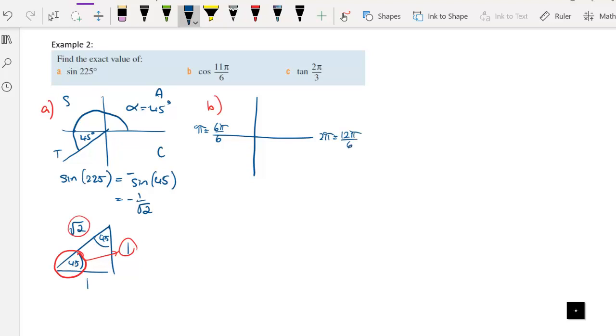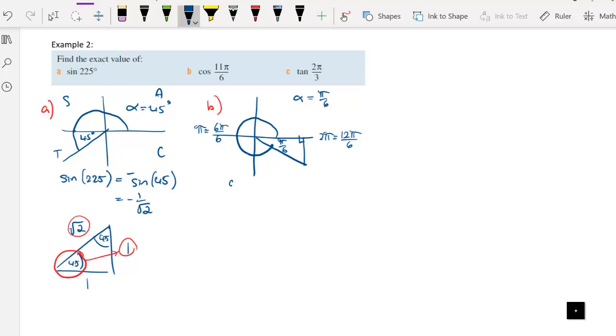So that means 11 pi on 6 will be pi on 6 less than this 12 pi on 6. So if we go the whole way around, we're 1 less here, and this will be pi on 6. So we're taking the same approach. We've worked out our acute angle is pi on 6.